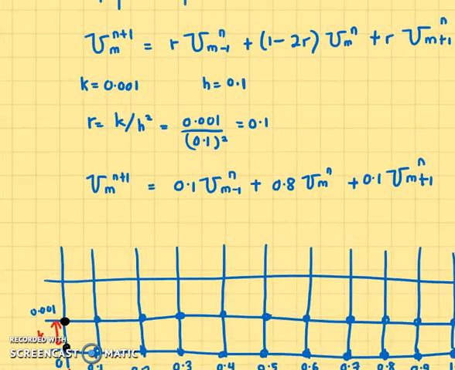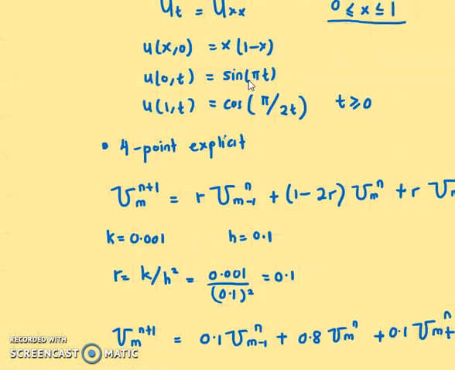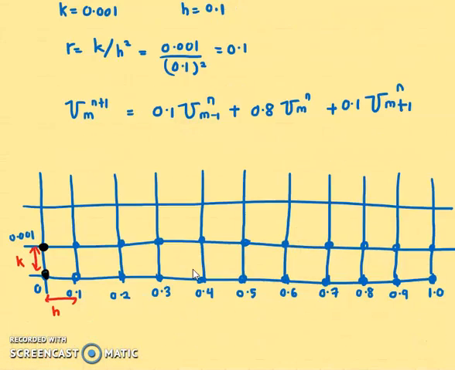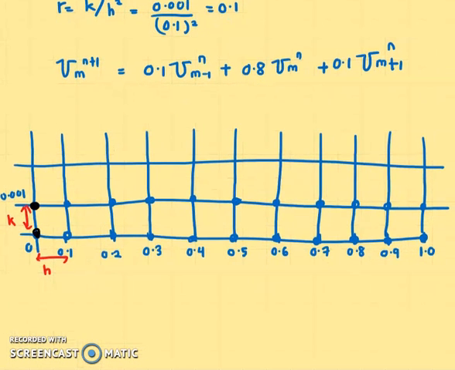You need to find sine pi t. My t in this case will be my k. So let's find these two boundary conditions. This is my u 0,0, and this is my u 0,1.